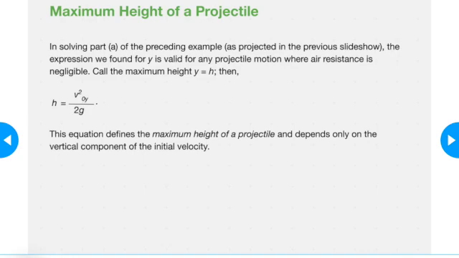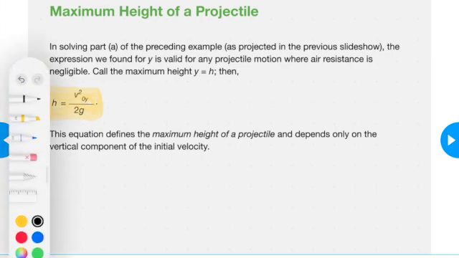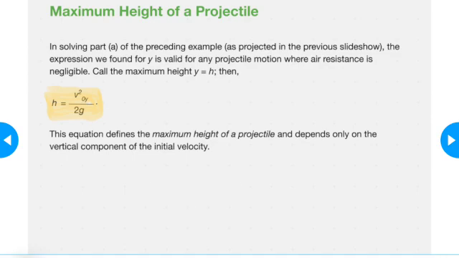There is an extra formula here that we are going to jot down. I'm going to add on to it. This one is to find the maximum height of a projectile. This one is one we could have used on the previous problem, and they got it in the previous problem. But I'm going to go ahead and add in the fact that it should be negative on the top for one. So negative times v naught sine of theta naught squared over 2g.